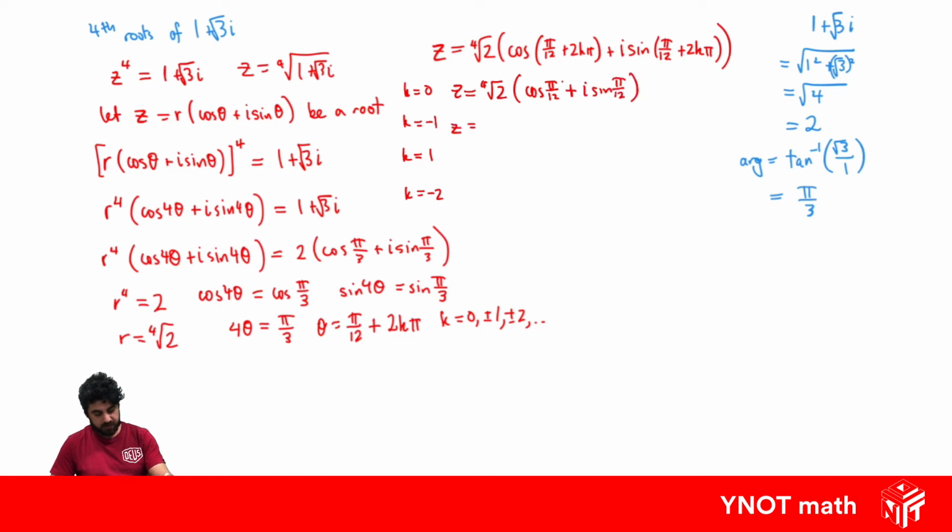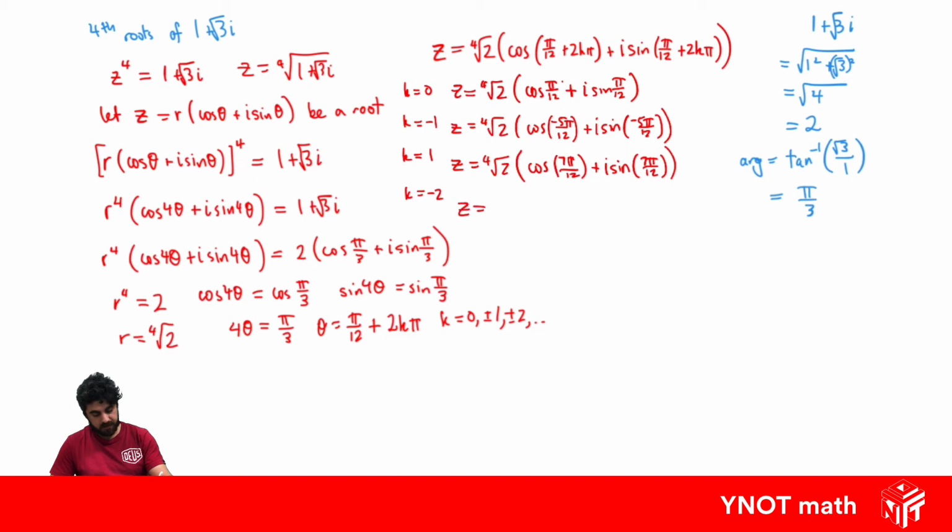We'll have z equals the 4th root of 2 outside of the cos of minus 5 pi on 12 plus i sine minus 5 pi on 12. z equals the 4th root of 2 outside of the cos of 7 pi on 12 plus i times sine of 7 pi on 12.